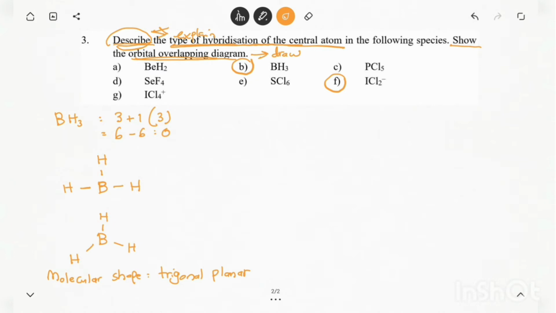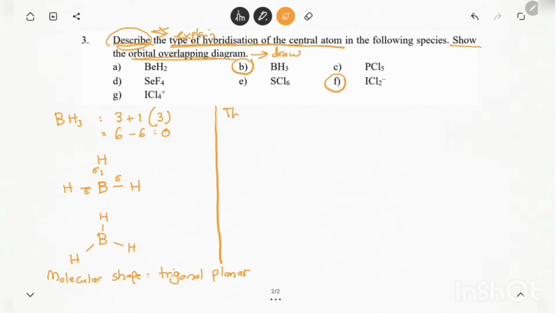In the Lewis structure, we have 3 sigma bonds around the central atom. In order to identify the type of hybridization, you need to count the total number of sigma bonds and lone pairs.